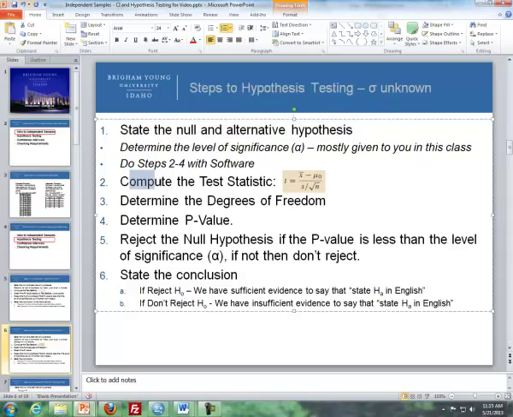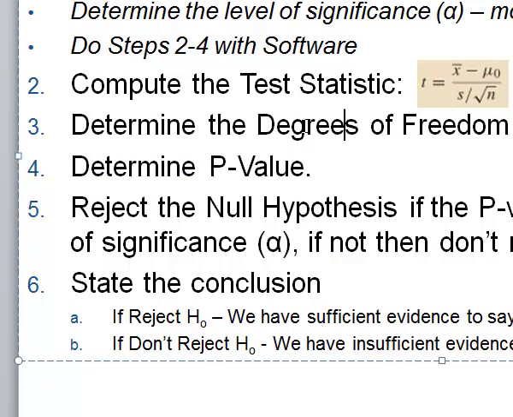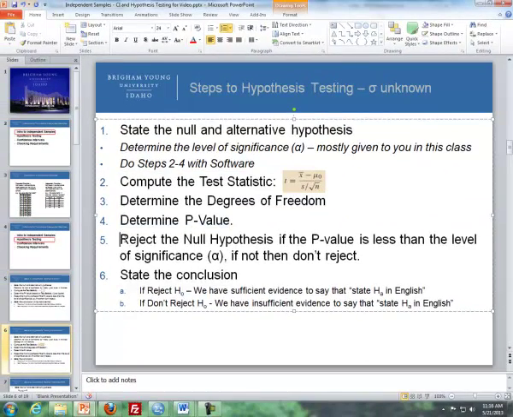We computed a test statistic, but then we also got degrees of freedom as well as a p-value. We need to know the degrees of freedom because we're dealing with a t-distribution. For steps 2 through 4, we use either Excel or SPSS, depending on which class you're in. But then the last two steps are the same as the last two steps in the previous one.